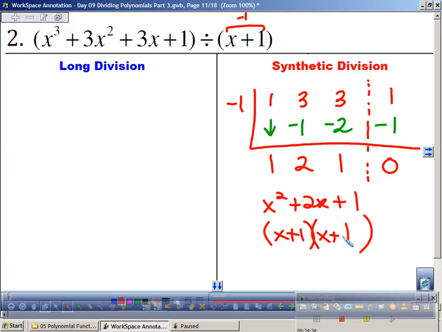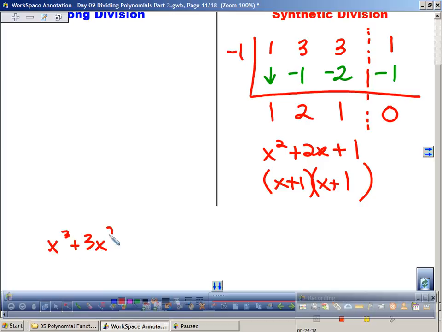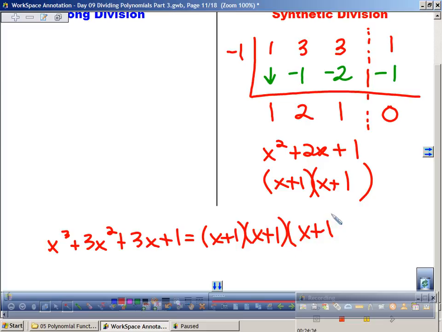So the answer to this one is x cubed plus, I'm going to make this a lot neater. Okay, so originally it was x cubed plus 3x squared plus 3x plus 1, which is equivalent to x plus 1 times x plus 1 times x plus 1, or x plus 1 cubed.